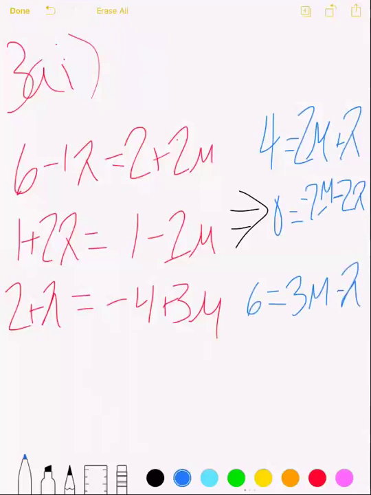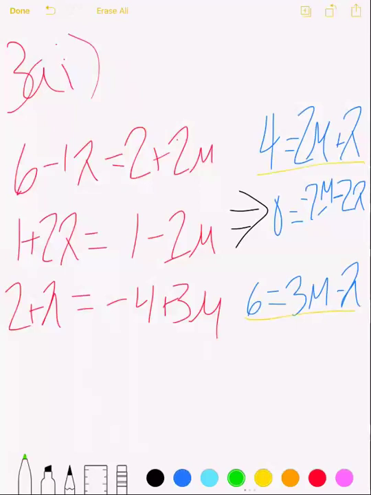And what we have here is a system of equations, but when we solve a system of equations with two unknowns, we only need 2 of the equations, and the ones that I think are easiest to use are these 2, because one has a positive lambda and one has a negative lambda, which means that when I add them, I'll end up getting rid of the lambda.